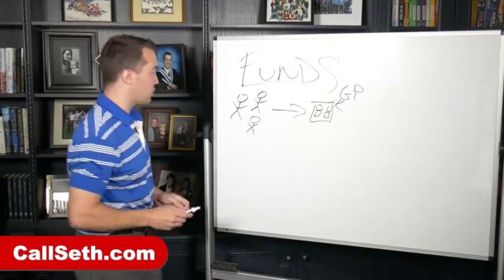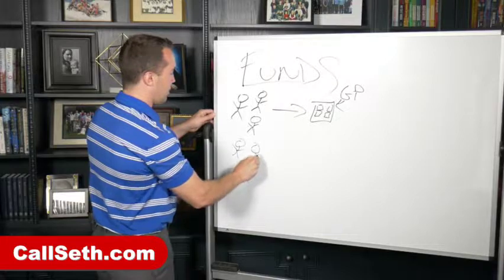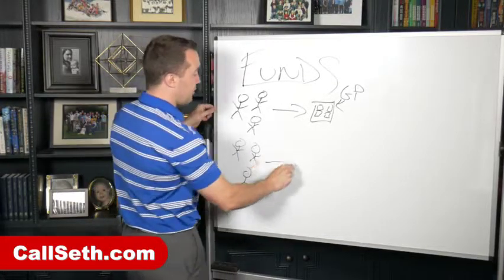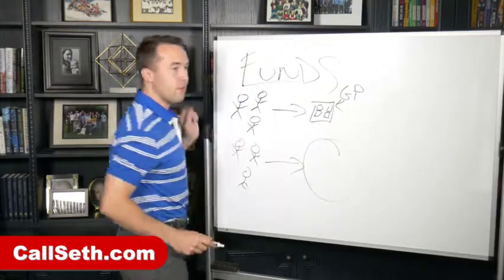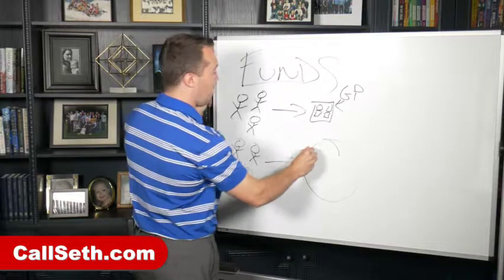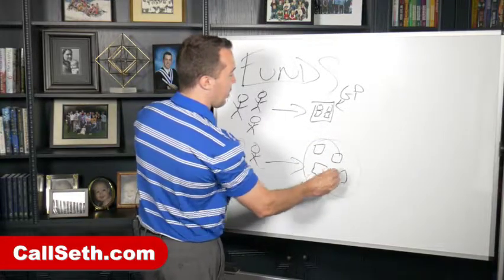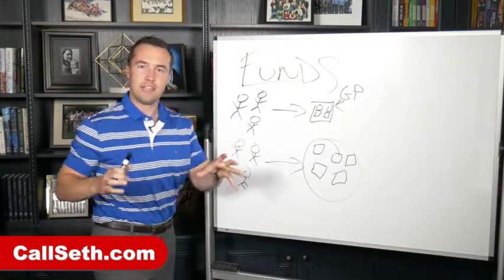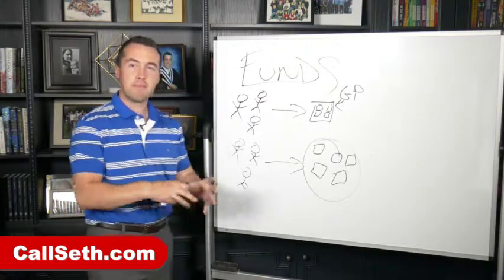With the fund structure though, I'll just draw my stick figure real estate investors. With the fund structure, the investors don't invest in a specific property. They invest in the fund itself, and it's the fund that will go ahead and acquire multiple pieces of real estate. Depending on the fund's investment criteria, it can be just retail, just office space, just multifamily, or it can be a mix.